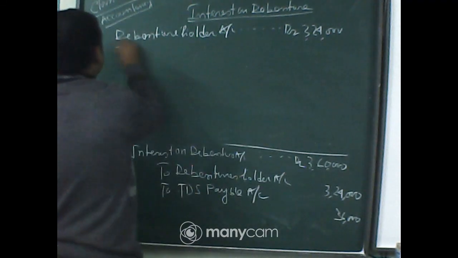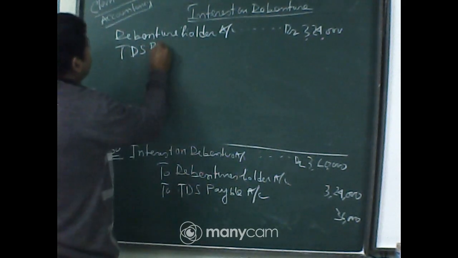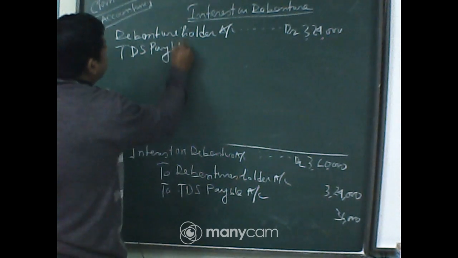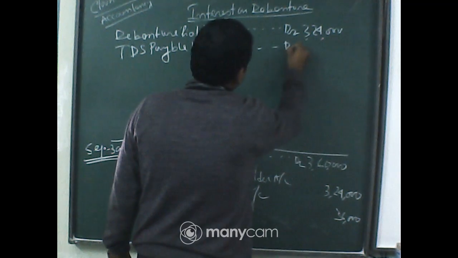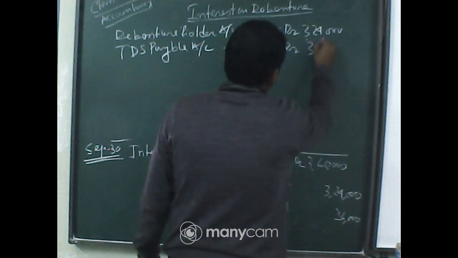Now, TDS payable should be debited, because now you are paying the liability, so you are cancelling the liability. TDS payable account, you are paying to the government, that is 36,000.